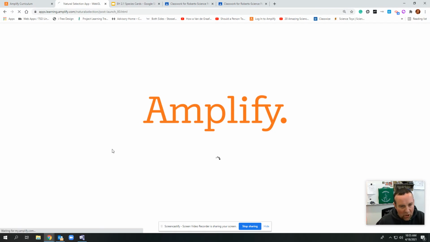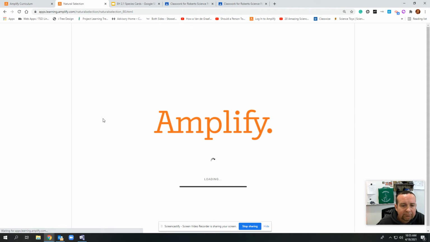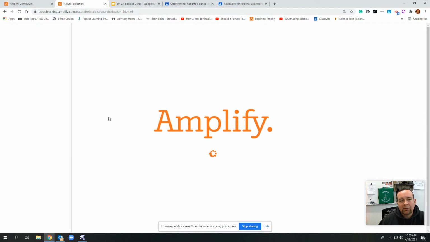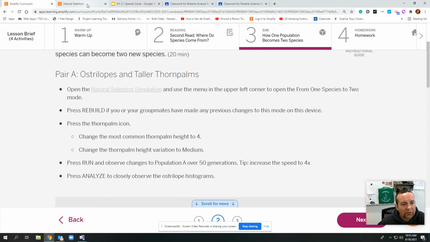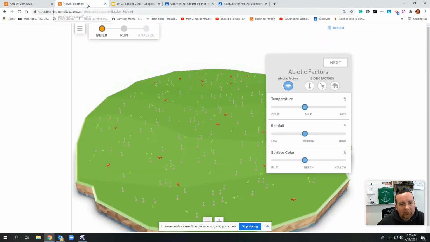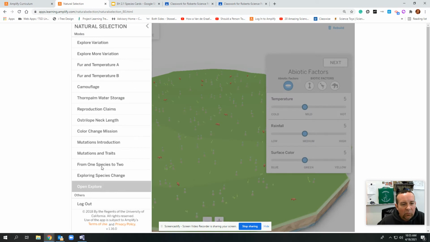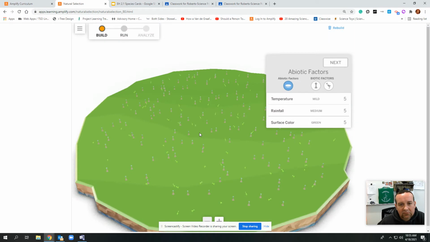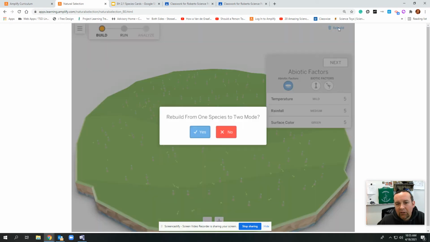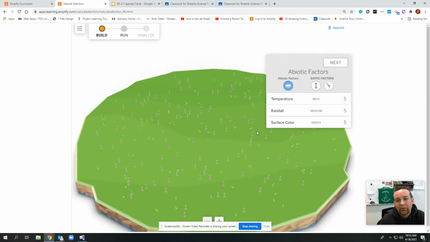Okay, in the upper left-hand corner, from one species to two, that's what we want. Now I do want to hit rebuild because I was playing in this earlier. If you were playing in it earlier, you might want to do that as well.